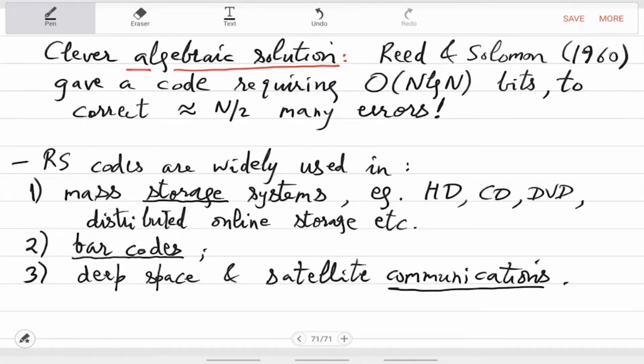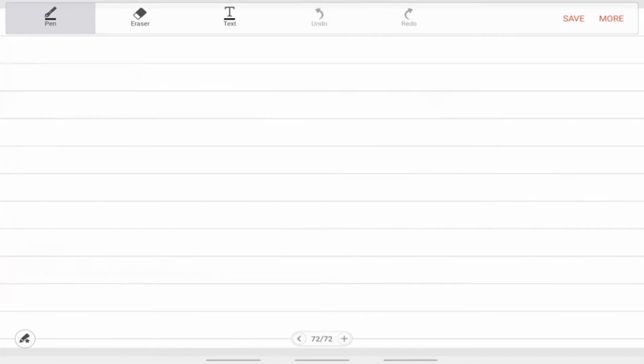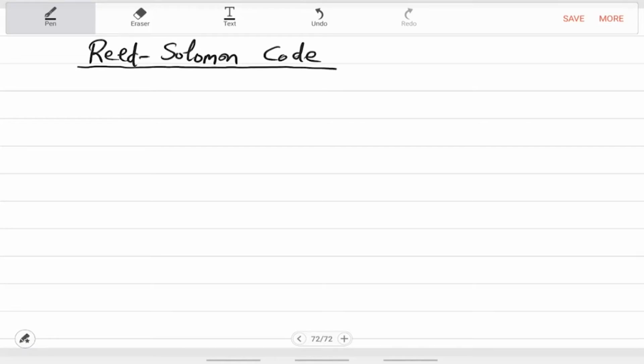Okay, so let us see the idea of Reed-Solomon. What is the algebraic idea? Basically it divides the message into blocks, and then using the blocks as finite field elements, it defines a polynomial.